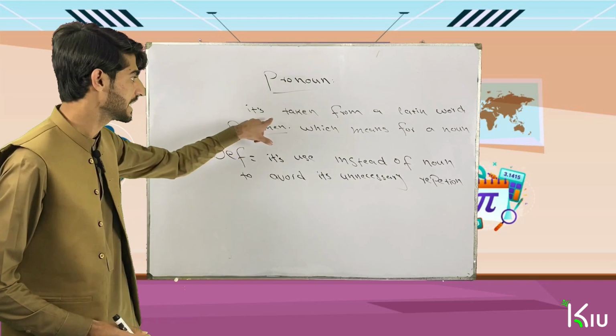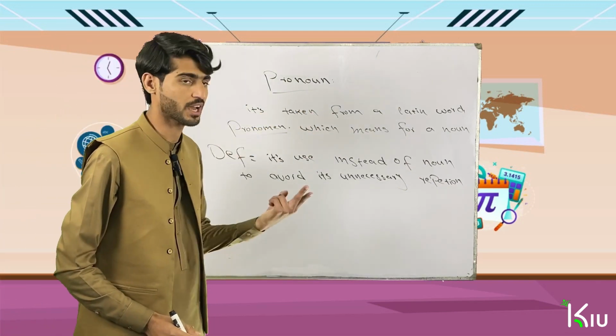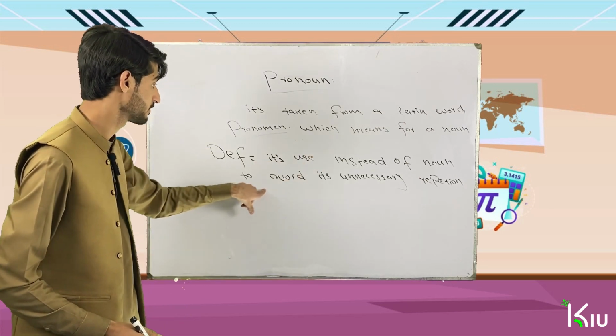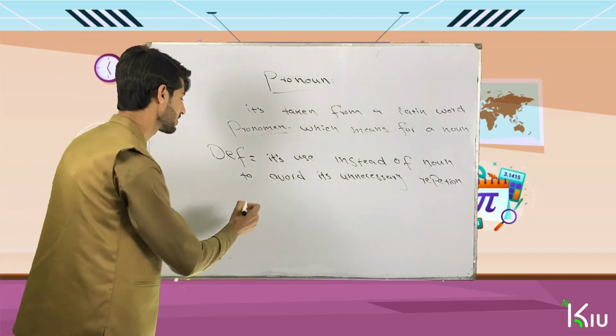Pronoun is a word. It is taken from a Latin word, pronomen, which means for a noun. So the definition will be, it is used instead of noun to avoid its unnecessary repetition in a sentence.